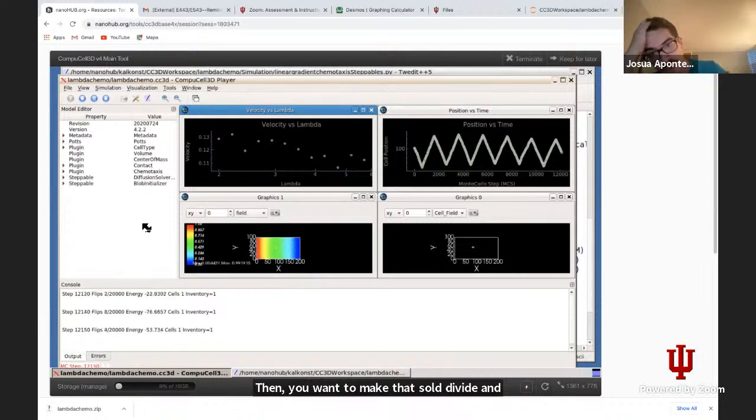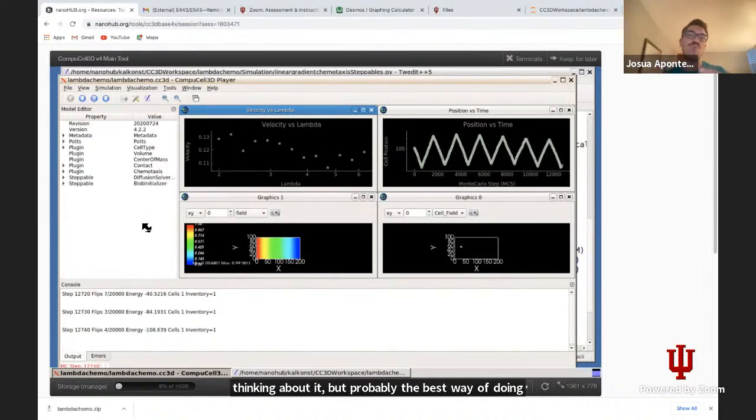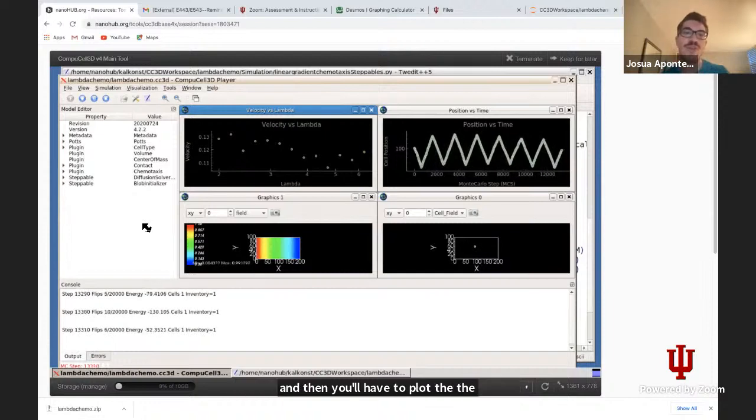Probably the best way of doing it is to measure that, because once the cell divides, it's going to create a cluster. Then you'll have to plot the velocity as a function of the number of cells in that cluster.